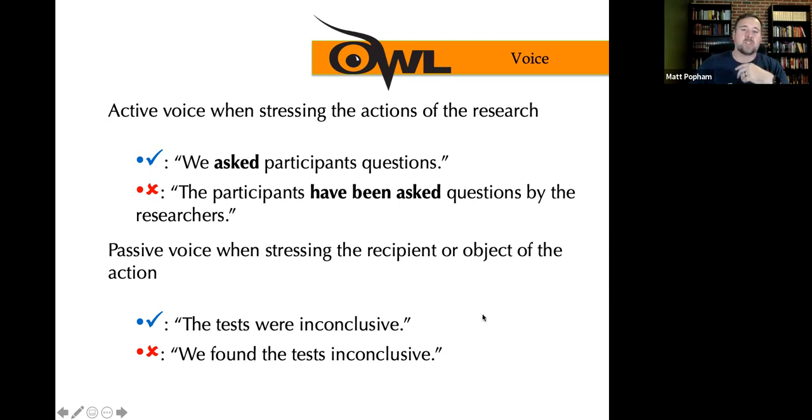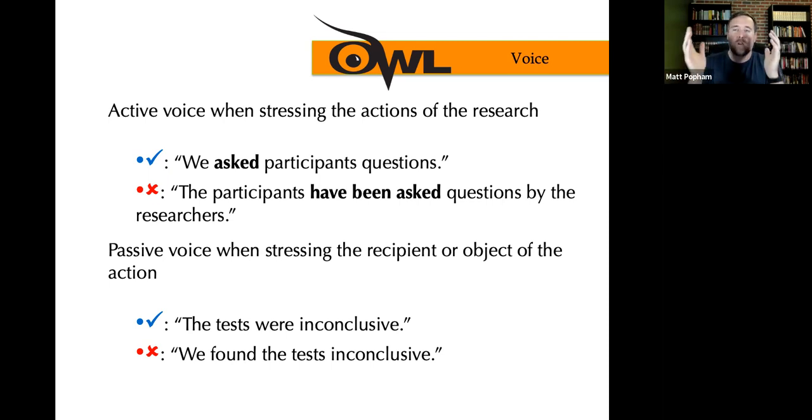The example here is, the tests were inconclusive, as opposed to, we found the tests inconclusive. If you compare both of those, you really see that in both cases, it's the most concise way to communicate what you're trying to say. And that's one of those things that APA wants you to do.